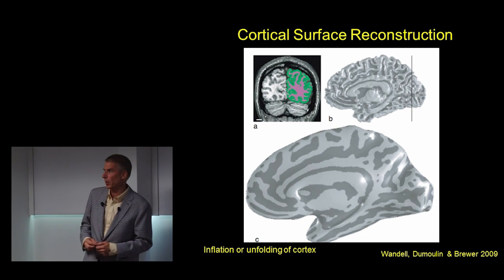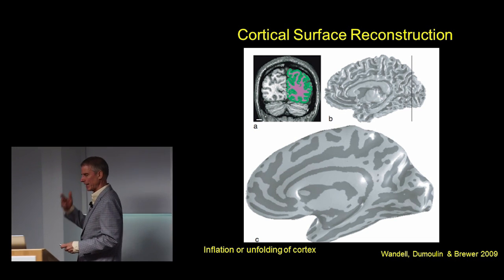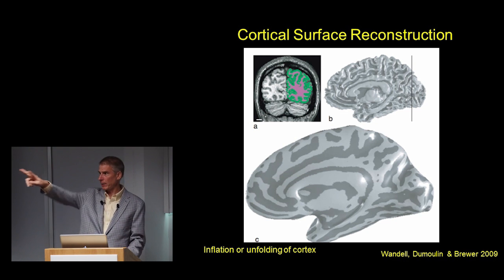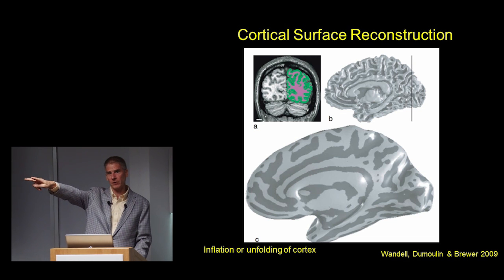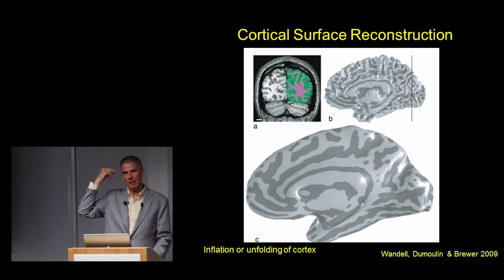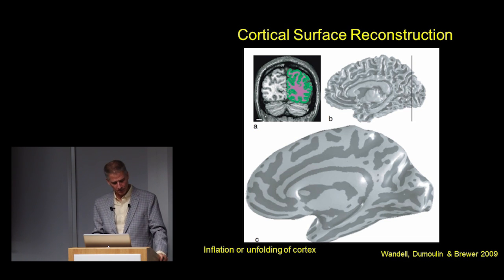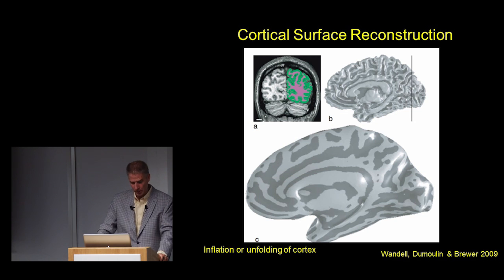There's this topographic relationship between the exterior world and the brain. What I mean by that is two nearby points out there in visual space map onto nearby places in visual cortex, and points that are far away will map onto far away points in visual cortex. That's called a topography. That's the very definition of a map.